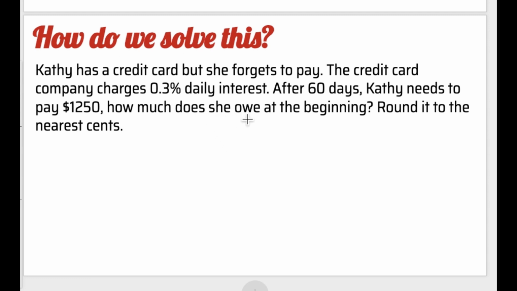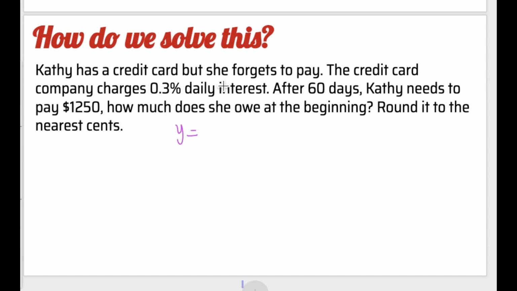Even though this is owing money, think about the value of money: if you pay on time, that's exactly the amount you owe. However, if you do not pay, the amount increases on a daily basis, exponentially. So this scenario models that situation.